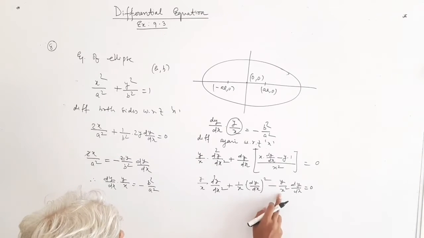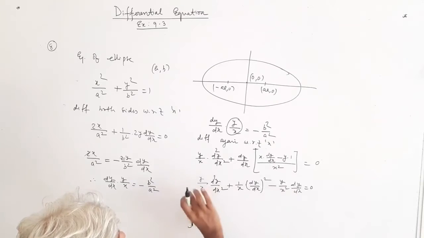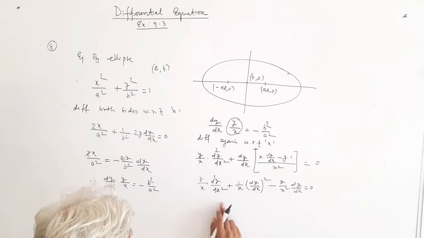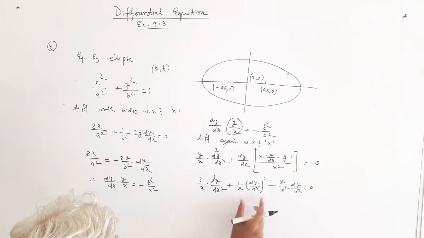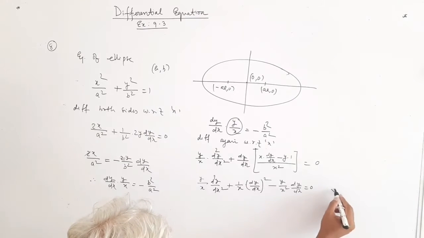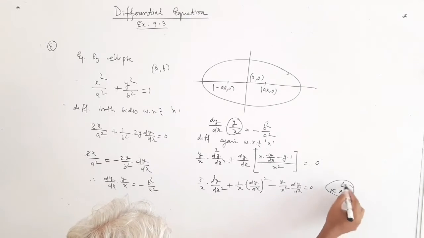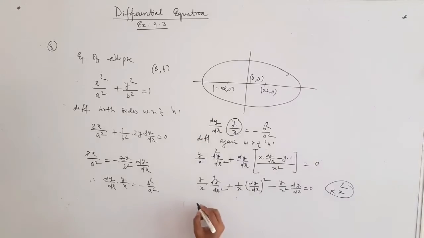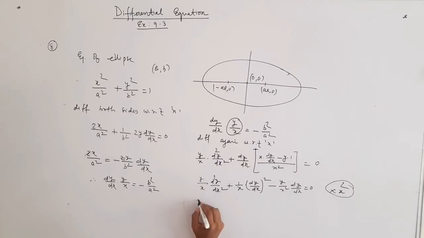Now to get rid of this x square, I try to multiply x square in each term. So what I get, I write this one first, because I'm multiplying here by x square on all sides. So this becomes x y d square y over dx square plus 1 x square, because all these x square are going on the top, and from the denominator the x is getting cancelled.